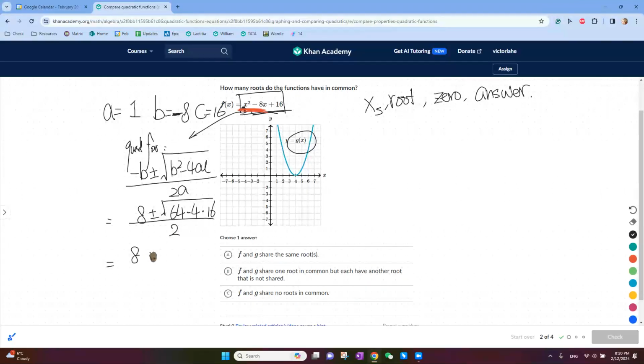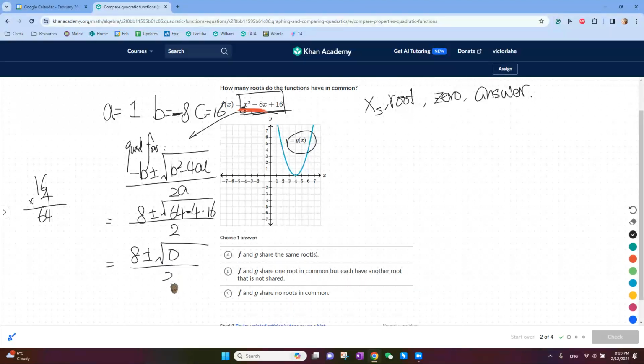So there's 8 plus and minus. What is 64 minus 4 times 16? What's 4 times 16 first? 64. So this is going to be 64. What is 64 minus 64? 0.